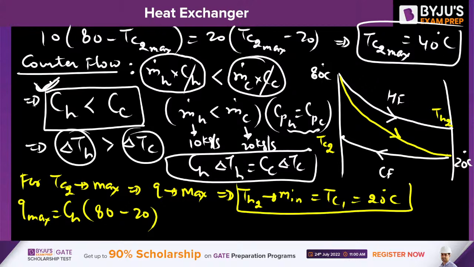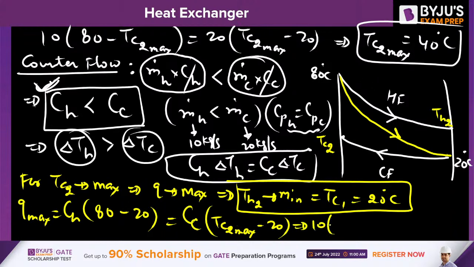With Th2 minimum as 20, this is equal to Cc into delta Tc, that is Tc2 maximum minus 20. Because the specific heats are the same, it gives the mass flow rates: 10 into (80 minus 20) is 60, equal to 20 multiplied by (Tc2 maximum minus 20).